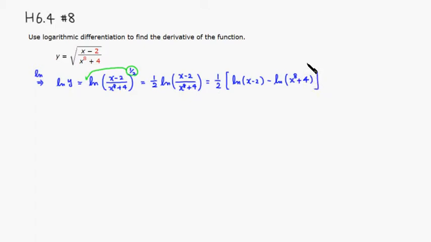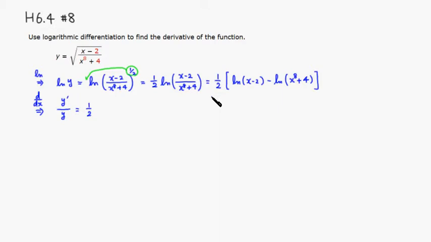So we haven't taken the derivative yet, we just rewrote it so that we can take the derivative a little more easily. Now we take the derivative with respect to x. This will give us whatever is inside the log on the bottom, and the derivative on top. The 1/2 is just a constant, so I'll put it outside.